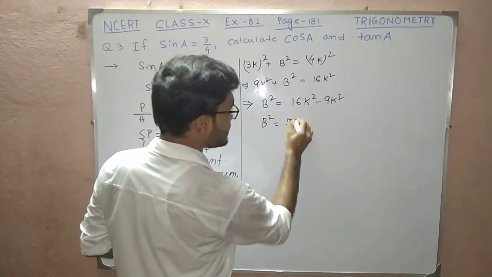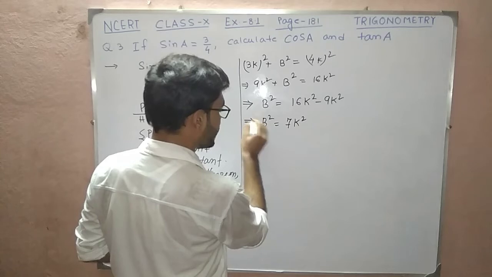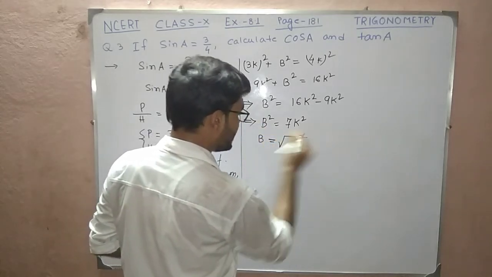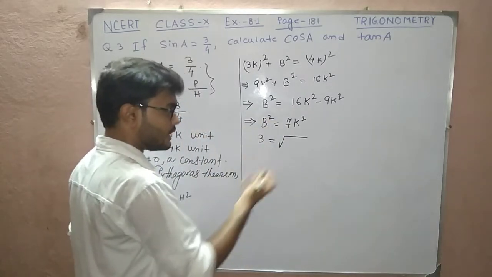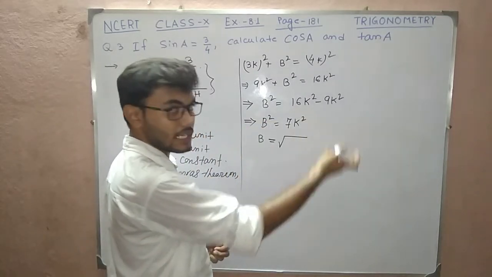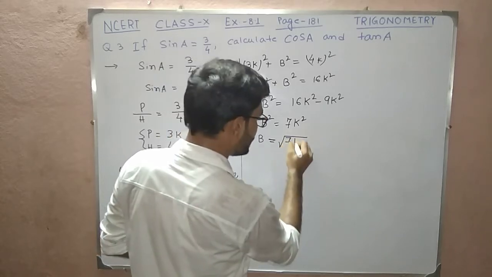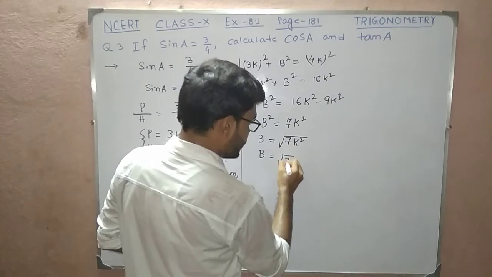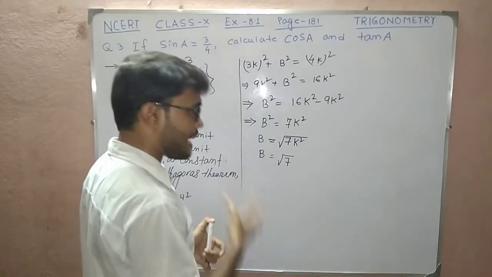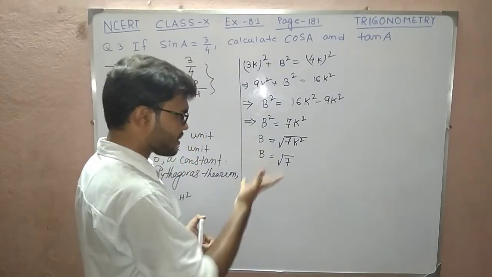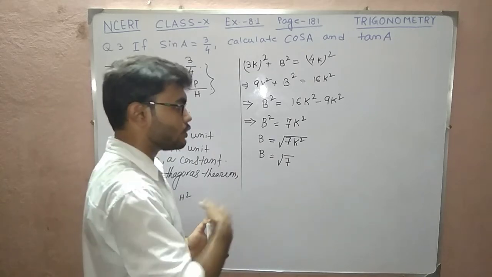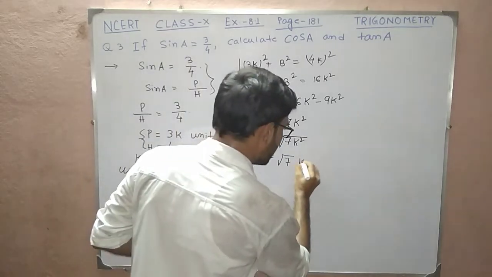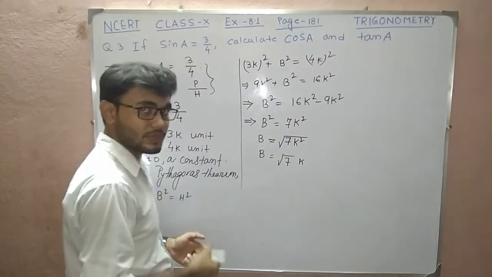You need the value of b, so removing the square means taking the root on the other side, so it will be root over 7k square. Root 7 stays root 7 because 7 is a prime number and not a perfect square, so it cannot come out of the square root, and k comes outside of the square root. So the value of b, that means the base, is root 7 into k unit.